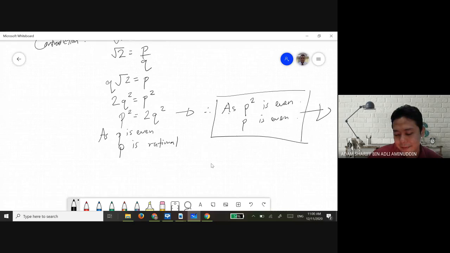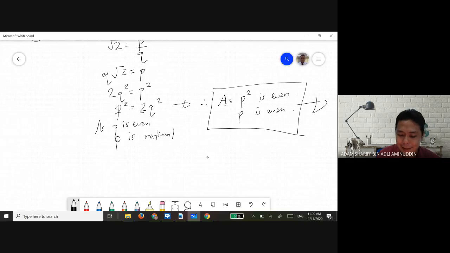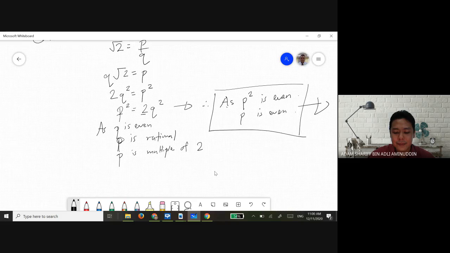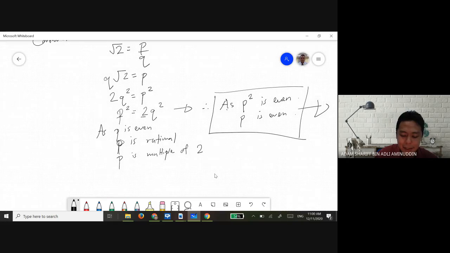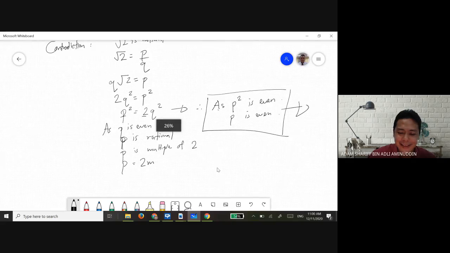What about q? Wait, there is a problem here. Alright. If p is a multiple of 2, we can make p equal to 2m. Okay, 2m.